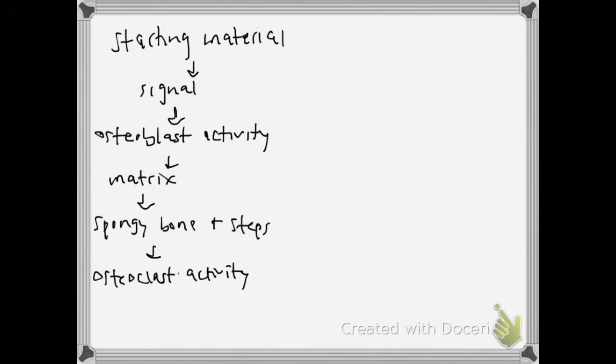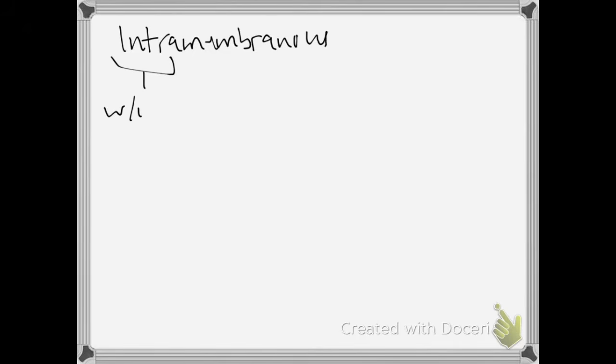So we'll start with this intramembranous. Before I do that, I'll come over here. I always like to break these up into their roots if we can. So intra, what's the difference between intra and inter? Intra means within, while inter means between.